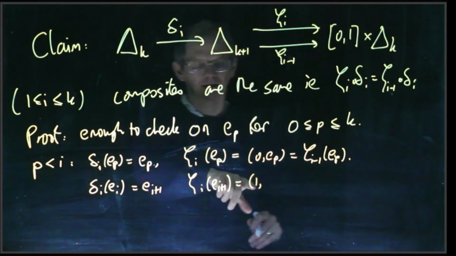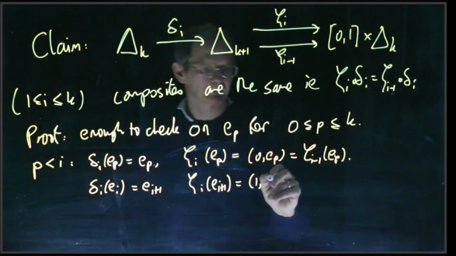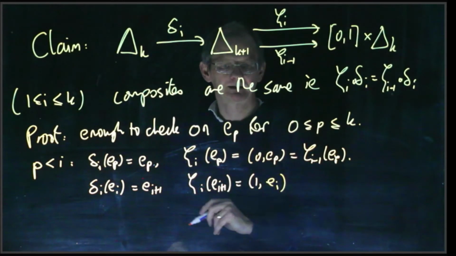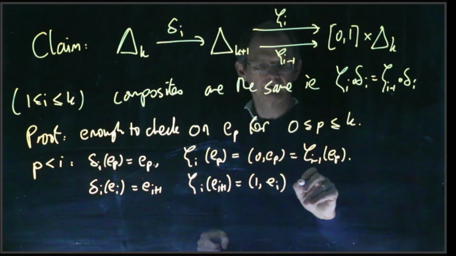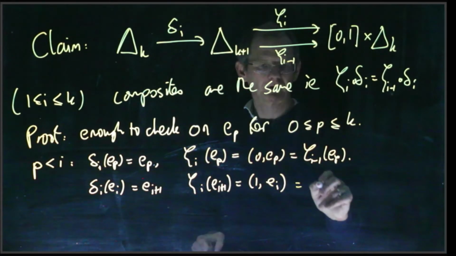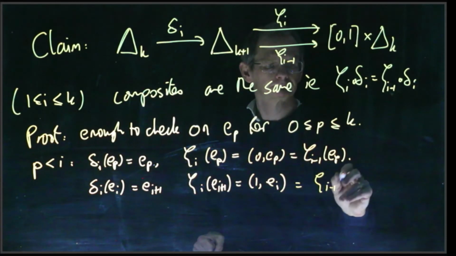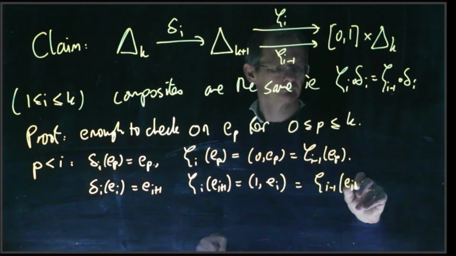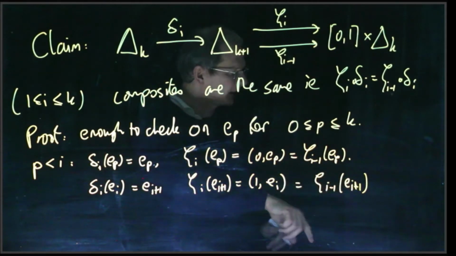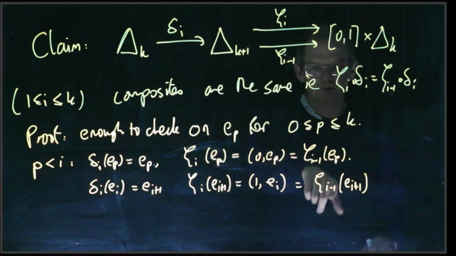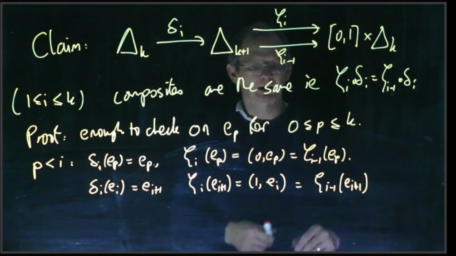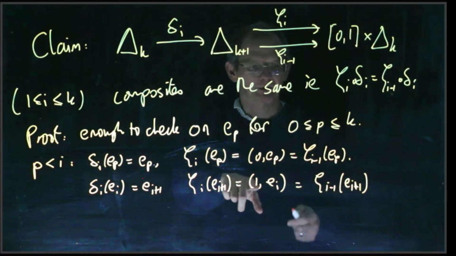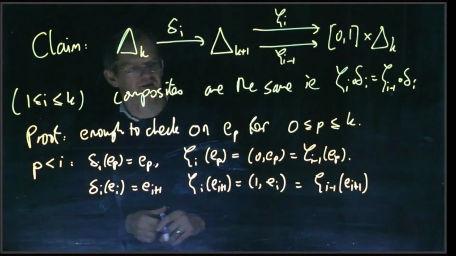But because the EI has to be repeated, that's going to be 1 comma EI. That's also the same as, if I've done this right, zeta I minus 1 of EI plus 1. EI plus 1 is also past the point at which zeta I minus 1 jumps from bottom to the top. So we put in a 1 and we have to shift the index to the left.